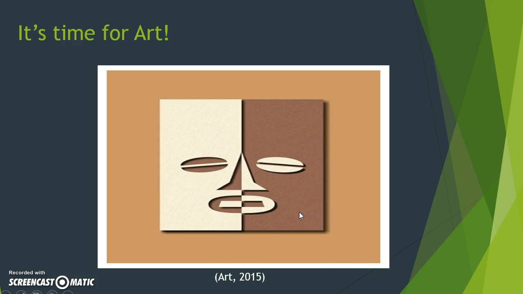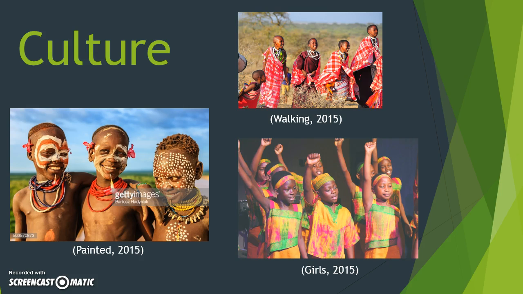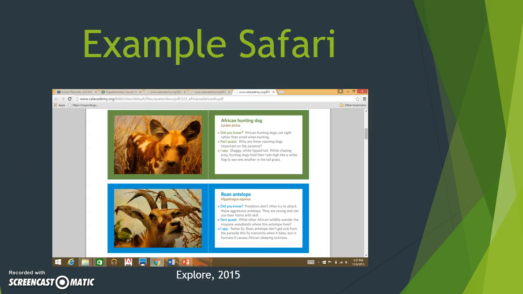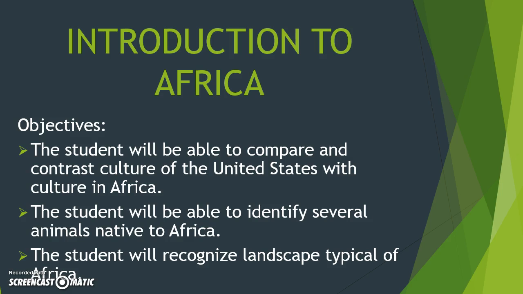I will be demonstrating how to fold the paper and how to cut in just a moment. But before we get to the art project, I want to go back to our objectives. We mentioned that we would be able to compare and contrast culture of the United States with the culture in Africa. I hope that you feel comfortable in that.